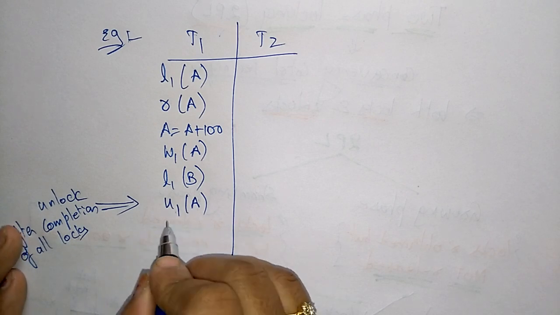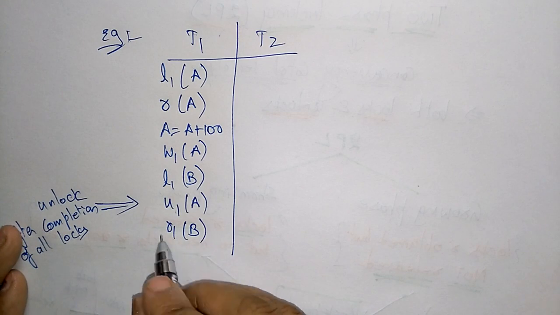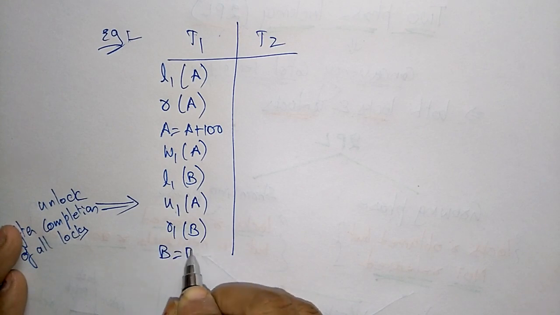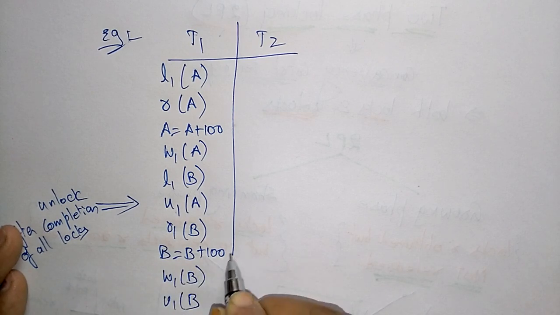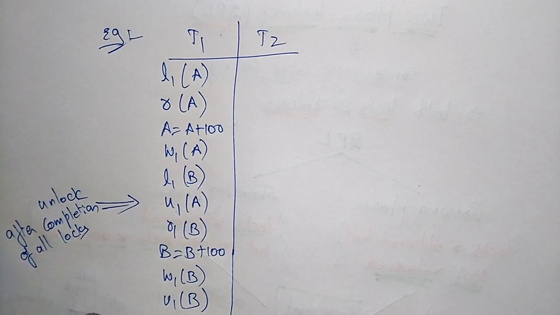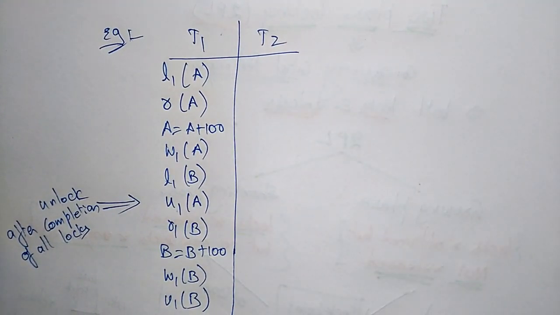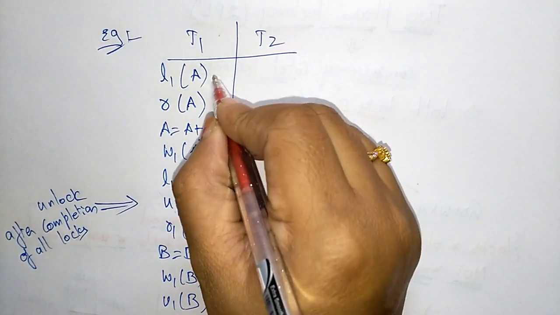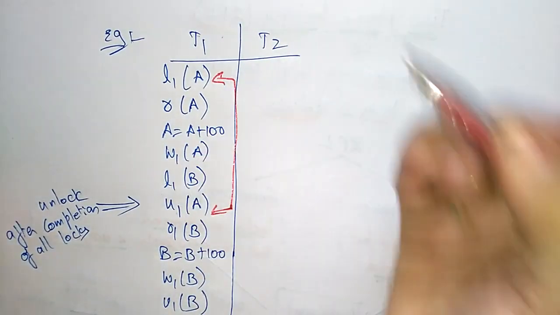After that it reads B, which is already locked. Reading data item B, B = B + 100, and then write B. Now unlock B. So this is two-phase locking in transaction T1. The transaction T1 first locks, and after that it releases the lock.